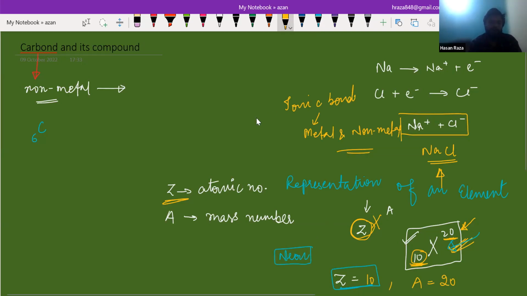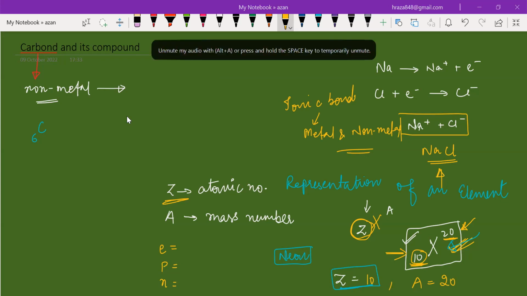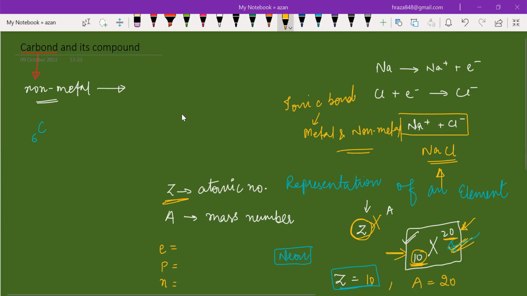Very good. Now there are some more questions about this. Can you tell me the number of electrons, number of protons, and number of neutrons of this element? Sir, number of electrons will be 10.